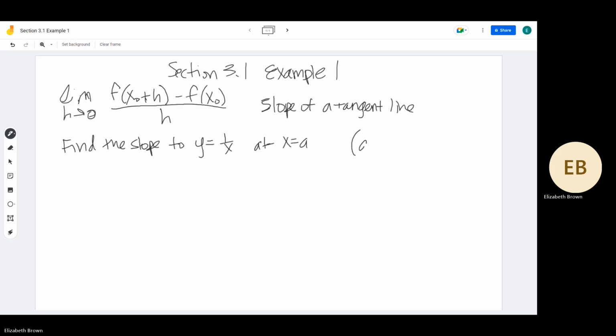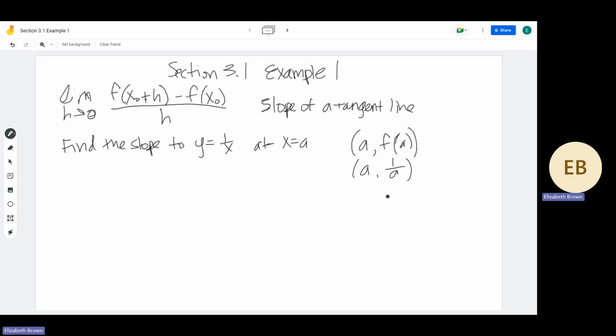And the y value at that point, of course, would be f of a, which in this case would be 1 divided by a. Okay, so the function is 1 over x. Therefore, when you plug in x equals a, you end up with 1 over a.